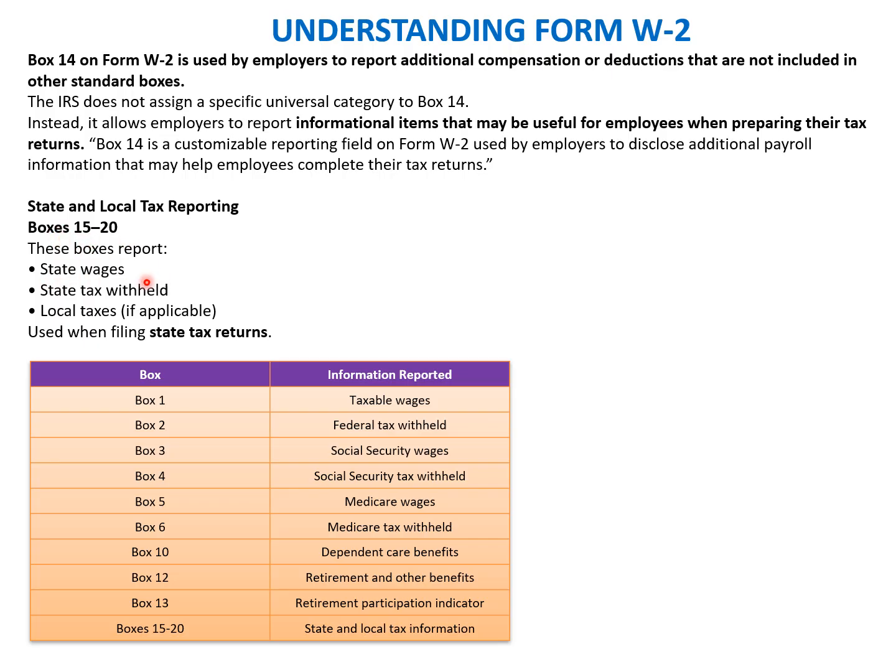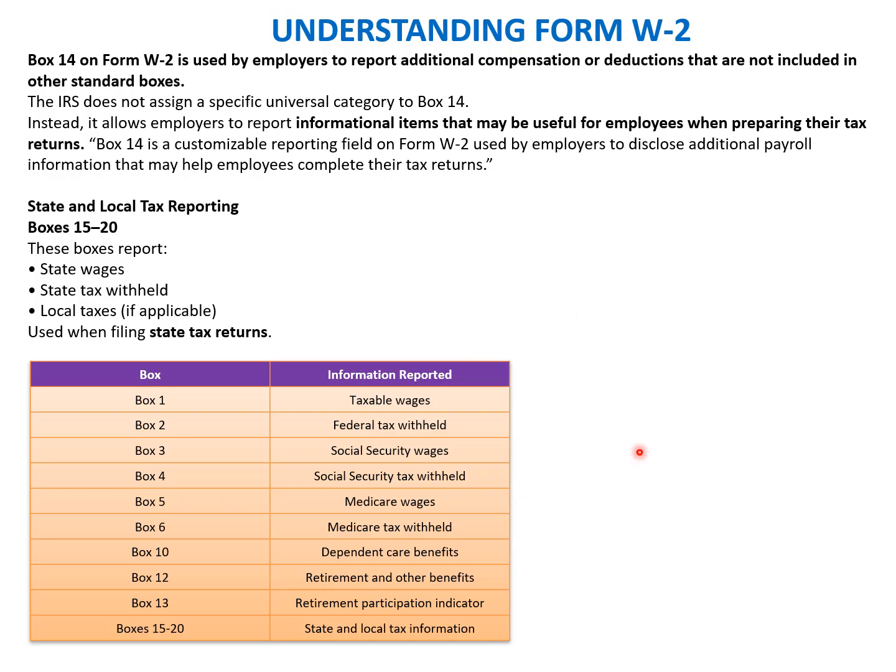These boxes report state wages, state tax withheld, and local taxes used for filing the state tax return. So this table below demonstrates the complete understanding of the various boxes. Box 1, taxable wages; 2, federal income tax withheld; 3, Social Security wages, Social Security tax withheld; 5, Medicare wages and then Medicare tax withheld; 10, dependent care benefits; 12, retirement and other benefits; 13, retirement participation indicator; and then 14, which is the placeholder; and finally 15 to 20, which includes the state and local tax information.